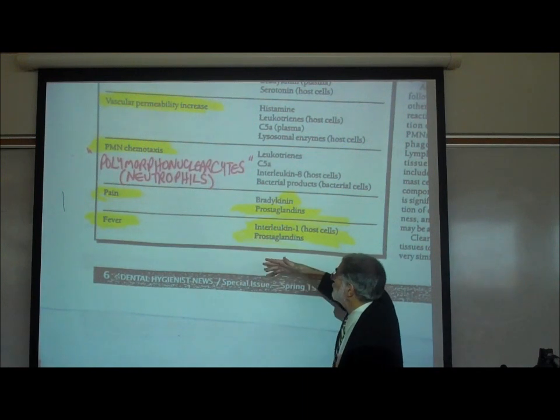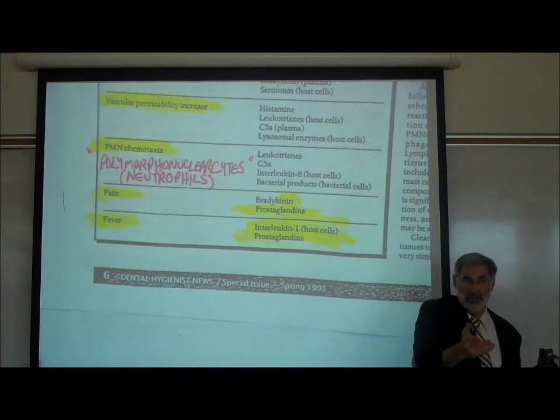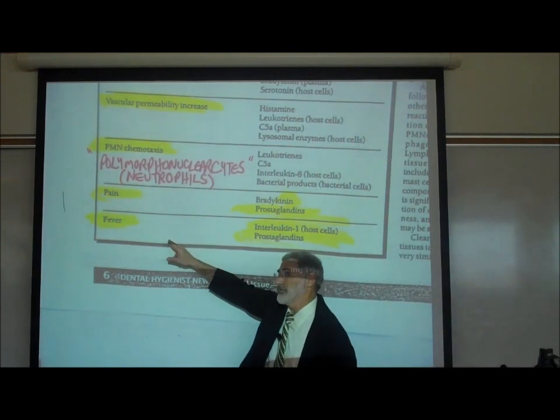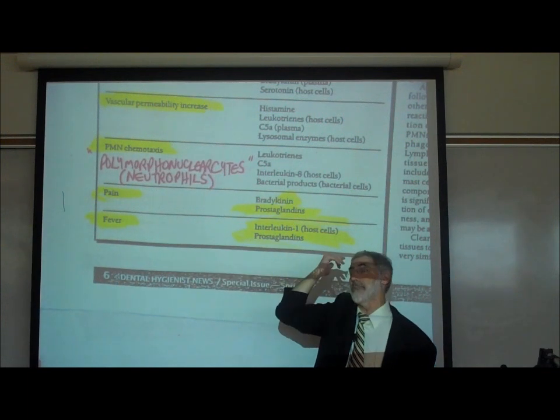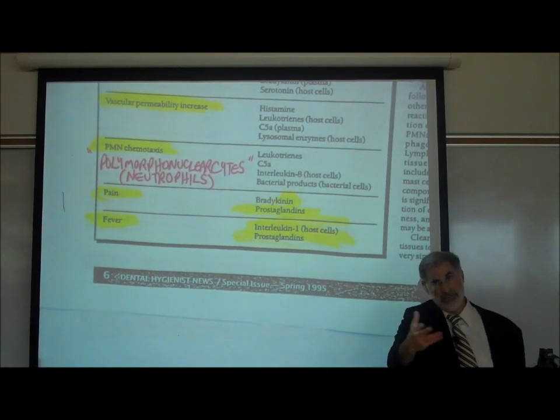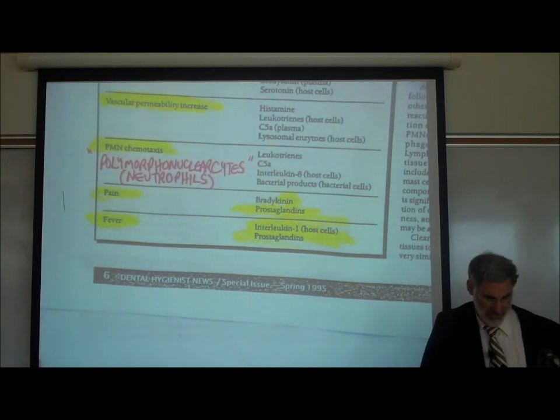It warns us of injury, and I want you to know kinins and prostaglandins cause that. It's already in your notes. We already mentioned it. And the two chemicals that cause fever, that are raising the thermostatic set point, are interleukin-1 and prostaglandins. We've got it in our notes. So you should know that.